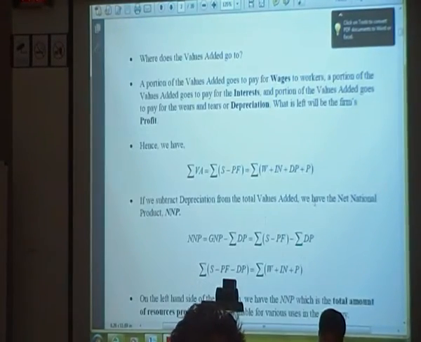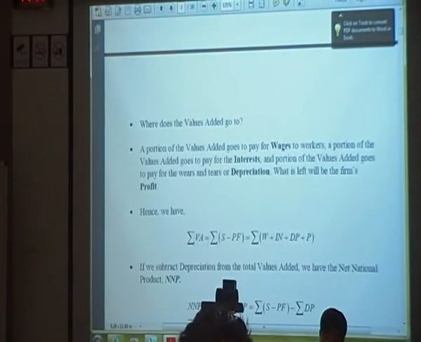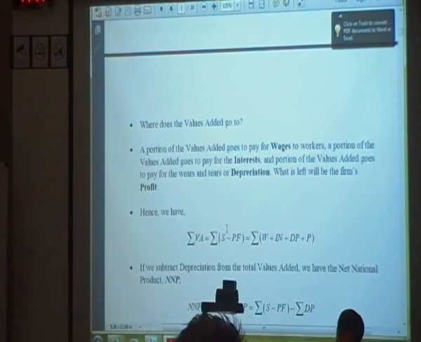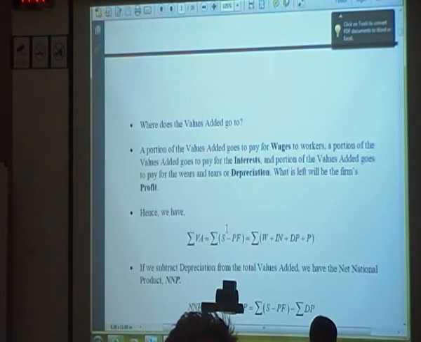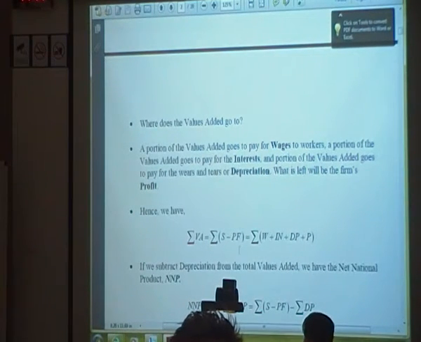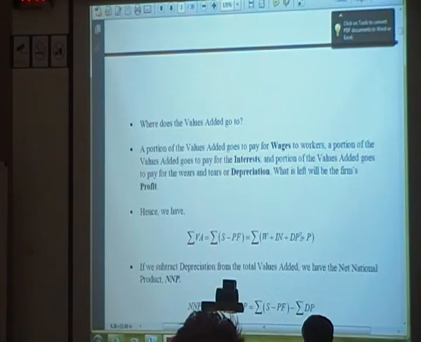And the value added in this case will be the sum of the sales minus away the purchases from the firms, and this will basically be the value added in the economy, and it will go to the wages, interest, depreciation, as well as the profit.